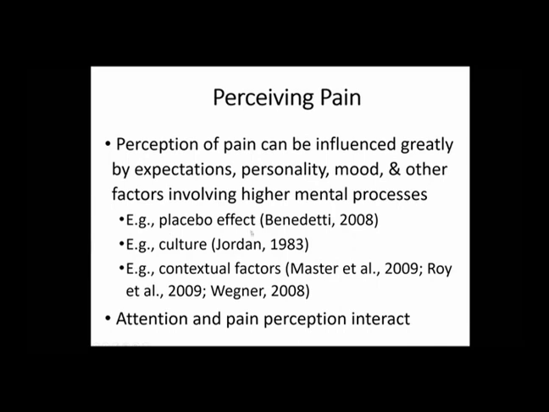So things like the placebo effect, which plays on our expectations of something happening, can influence what we think is going to happen. You can tell someone that you're going to give them a needle injection and then just poke their skin, but they're going to react like you stabbed them with a needle because that's what they expected and that's what they assume that they got. There are also cultural differences.